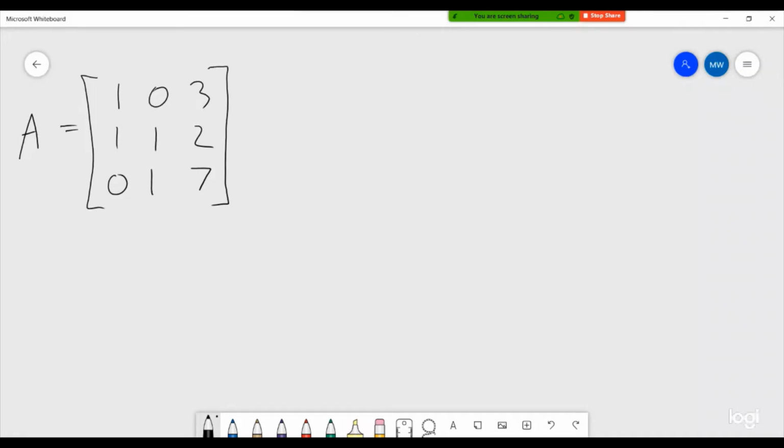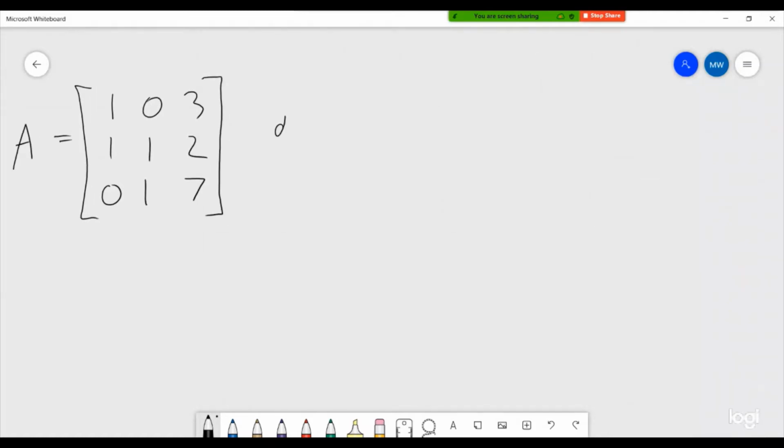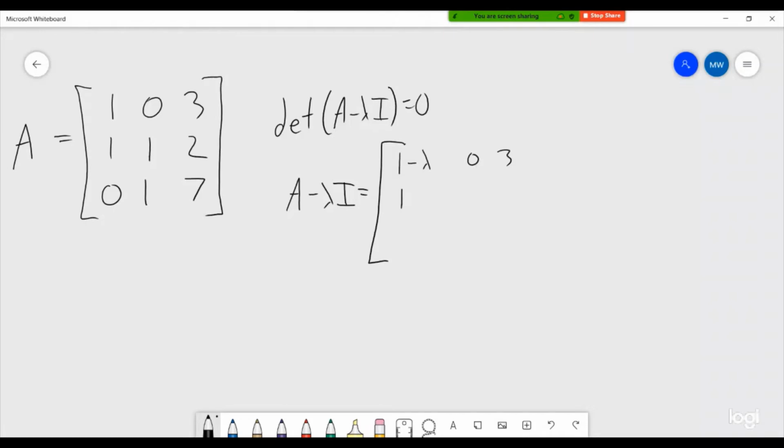So to find our eigenvalues, that's what we want to do first. We are going to look at the determinant of A minus lambda I, and we want this to be equal to 0. So A minus lambda I is going to be the matrix 1 minus lambda, 0, 3, 1, 1 minus lambda, 2, 0, 1, 7 minus lambda.